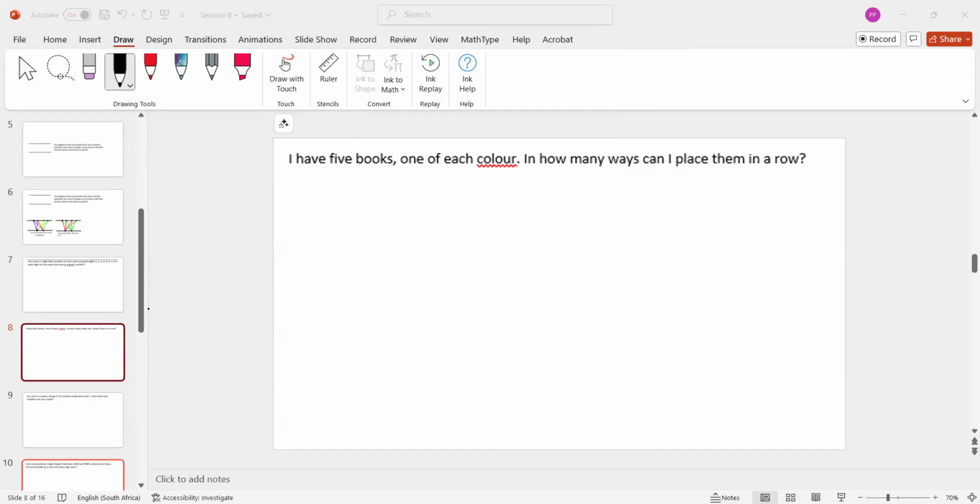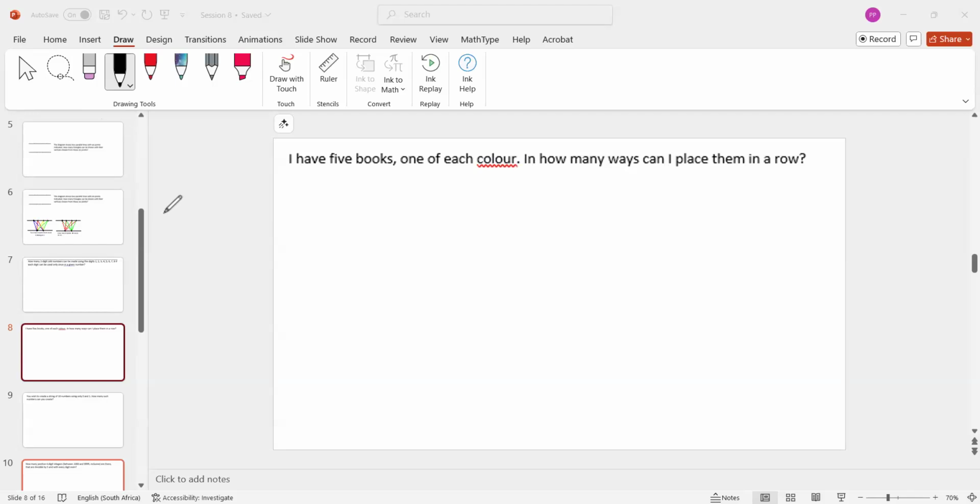I have 5 books, one of each color. How many ways can I place them in a row? I presume the colors are all different, so they are distinguished.